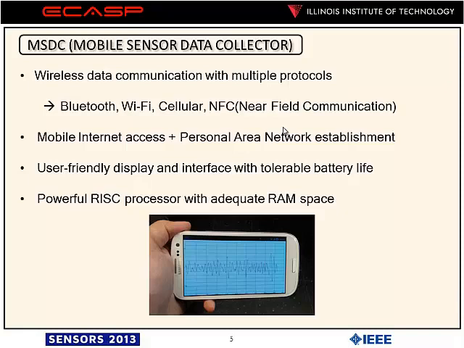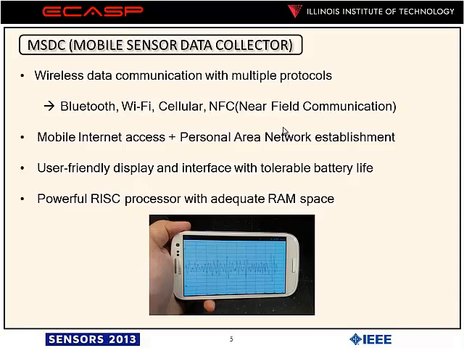The thing about our smartphone is that we have a variety of wireless protocols we can utilize, for example Bluetooth, Wi-Fi, and if we don't have Wi-Fi, we can use our cellular data network to connect to the internet, and of course we have NFC. The biggest advantage of using a smartphone is that it's user-friendly, though the battery life is kind of horrible.